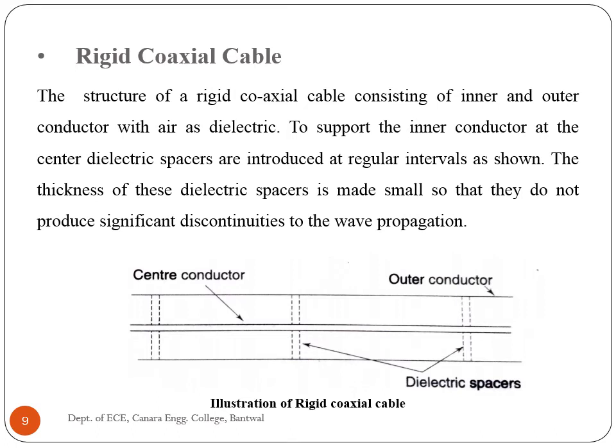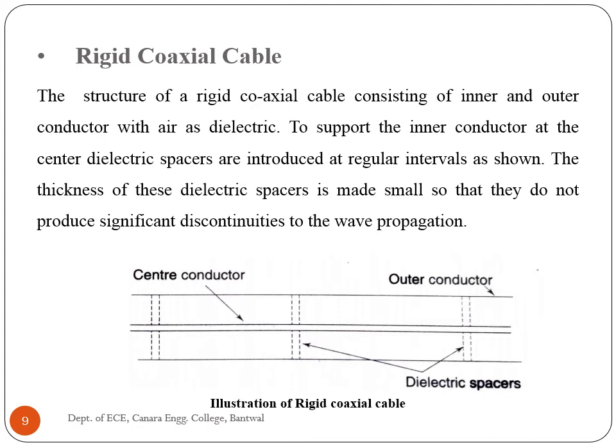The structure of a rigid coaxial cable consists of inner and outer conductors with air as dielectric. To support the inner conductor at the center, dielectric spacers are introduced at regular intervals as shown.